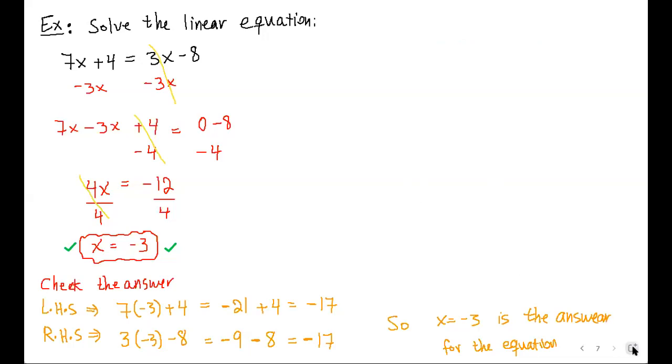Okay, another example. Z over 5 equal Z over 10 plus 3z over 10 plus 3.